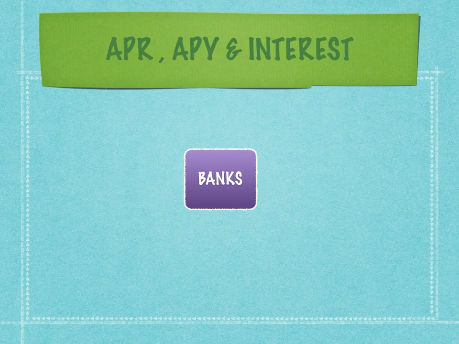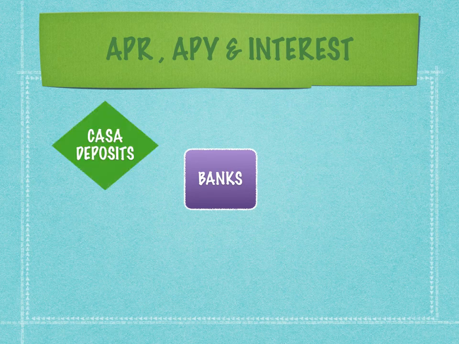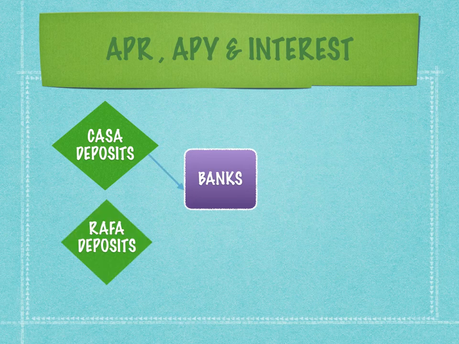Banks are in a very interesting business, and that is taking deposits either by way of CASA accounts, CASA standing for current account and savings account, or RAFA accounts, that is recurring accounts and fixed deposit accounts. These four categories of deposits are the primary source of deposits for the bank.